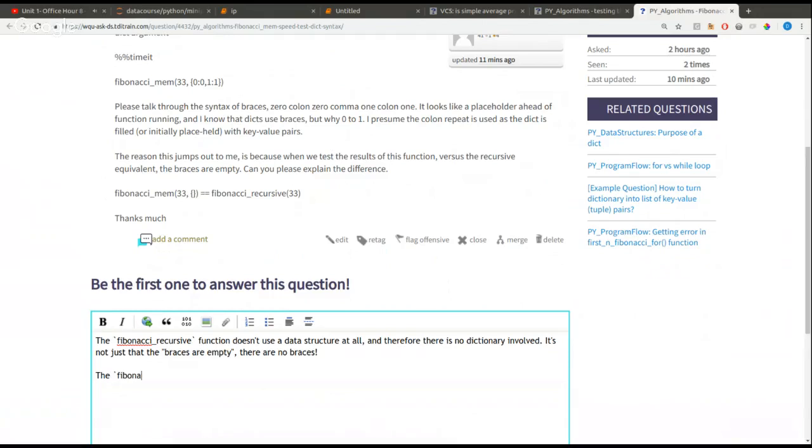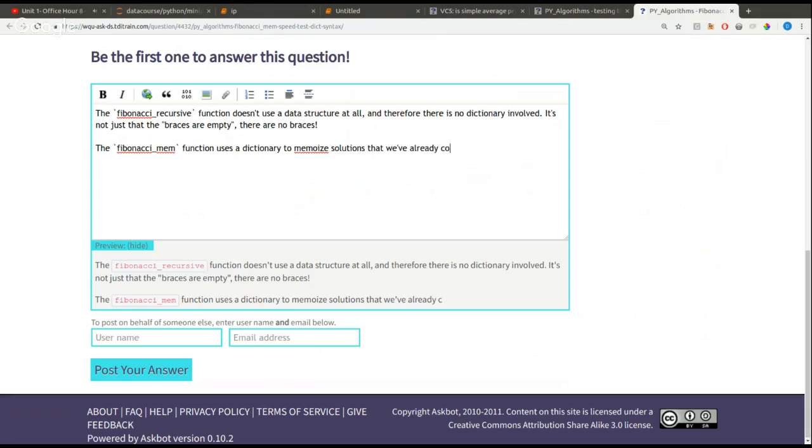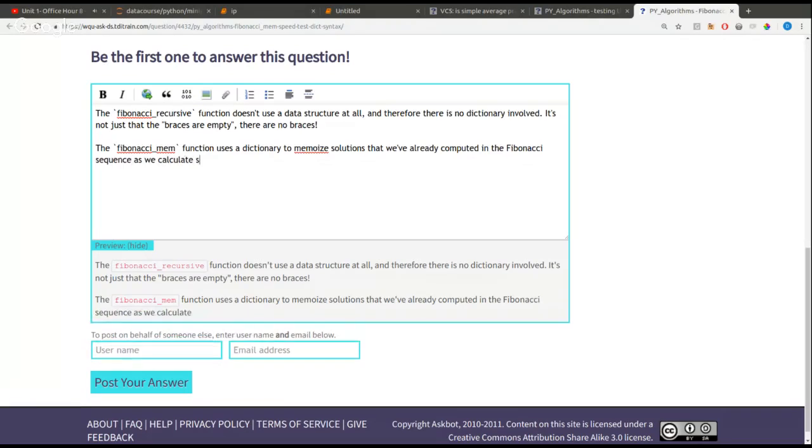The Fibonacci mem function uses a dictionary to memoize solutions that we've already computed in the Fibonacci sequence as we calculate subsequent terms.